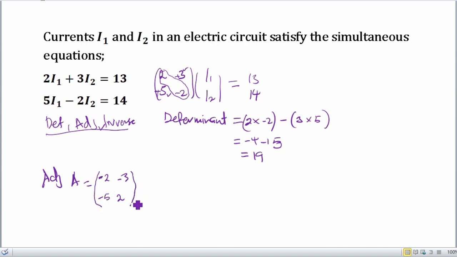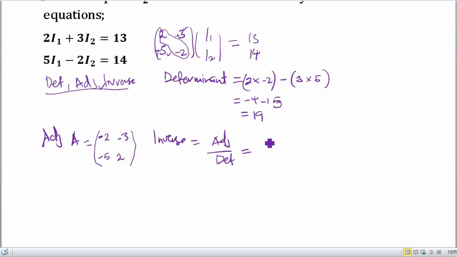So that is our adjoint, and therefore the inverse, as usual, you take the adjoint and divide by the determinant, which is the adjoint matrix negative 2, negative 5, negative 3, 2, divided by the determinant, which was negative 19.